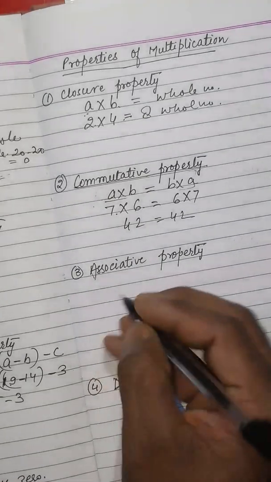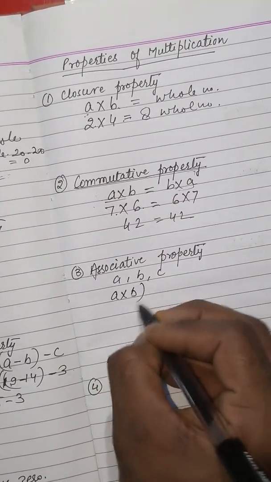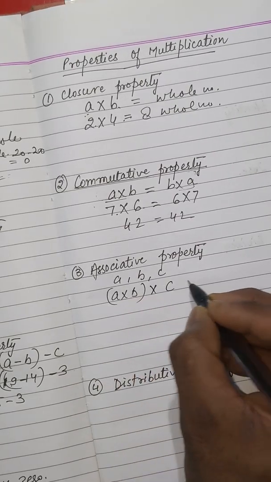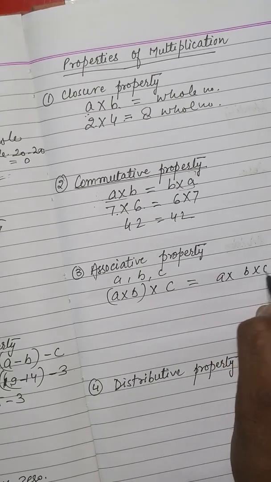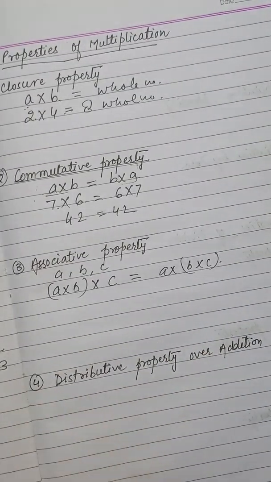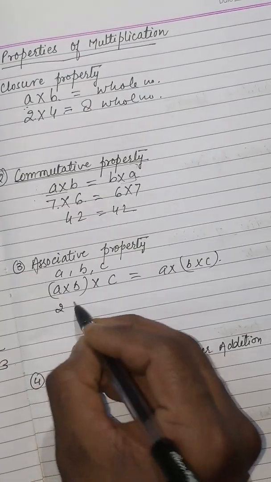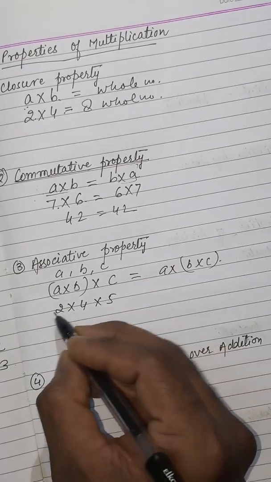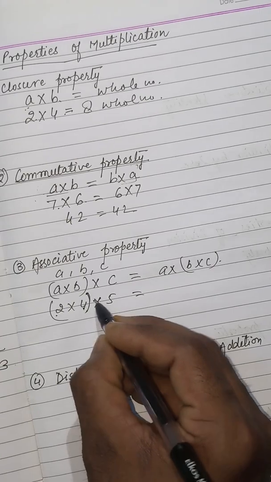Then the associative property, in which a, b and c are three whole numbers. If we multiply a and b at first, then multiply the result with c, we will get the same as when we multiply b and c at first, then multiply by a. Taking an example, if 2, 4 and 5 are the three whole numbers, we multiply 2 and 4 at first, then multiply the result by 5.